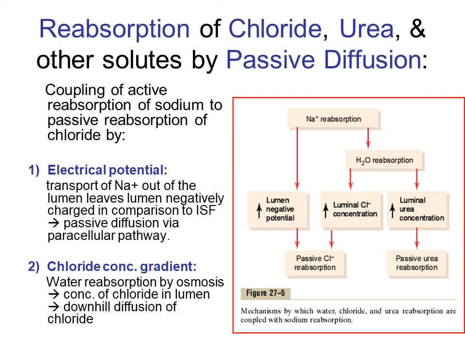Additional reabsorption of chloride ions occurs because a chloride concentration gradient develops when water is reabsorbed from the tubule by osmosis, thereby concentrating the chloride ions in the tubular lumen. Thus, active transport or reabsorption of sodium is coupled to passive reabsorption of chloride by way of electrical potential and also by way of a chloride concentration gradient.